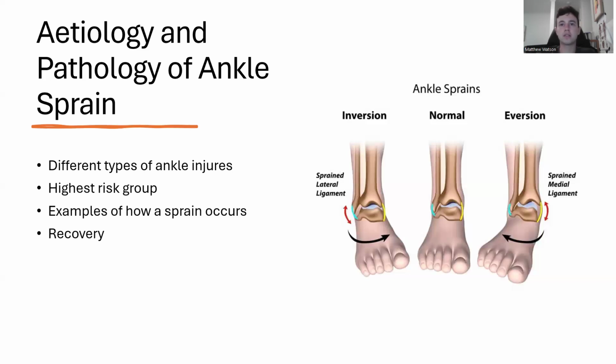Actions such as a sudden change in movement while playing basketball or landing on an uneven surface after jumping are both examples of high-risk actions that can make someone more likely to sprain their ankle.